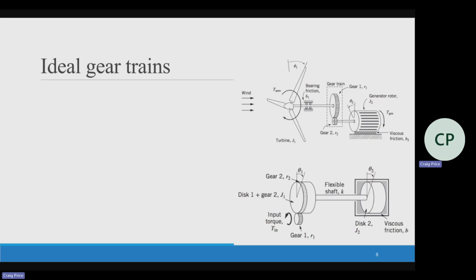Another thing we talked about was gear trains. So this was part of lab 1 with the cars, the pullback cars. Let's see, what to know about this. I always like to draw it.